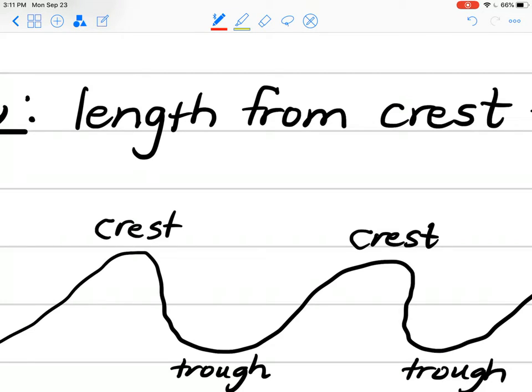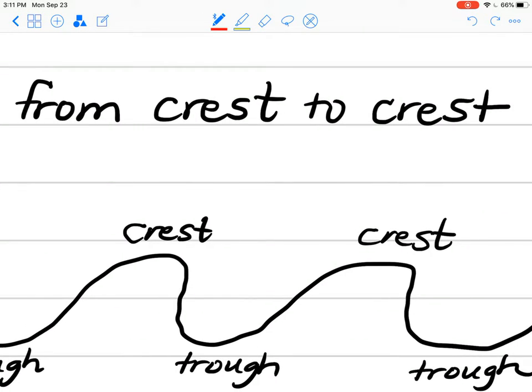It is the distance from crest to crest. And because my waves are not real straight, that's why this is because I can't draw that we're having this issue. So crest to crest, that is a wavelength. So it's the point from here to here, wavelength.